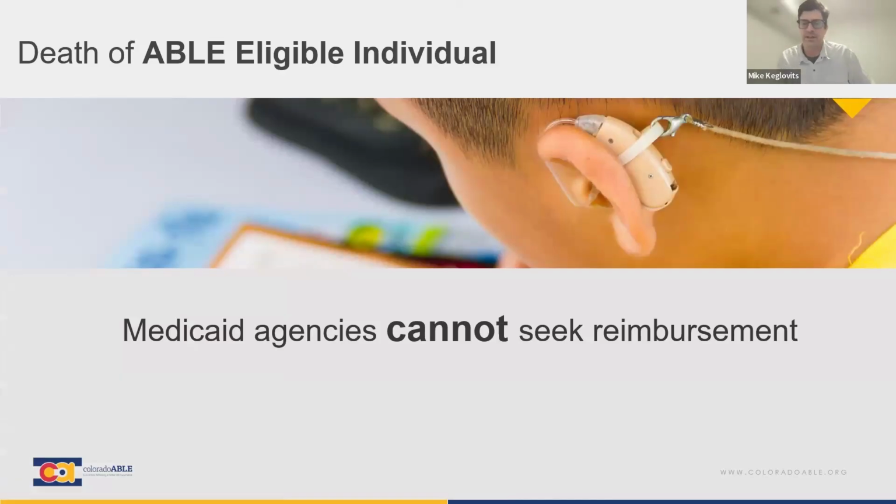Something else changed almost 4 years ago. Before this, Medicaid could recover from the account. A lot of people were really nervous about putting money into an ABLE account, because if something happened to the person eligible for ABLE, Medicaid could come back and take some or all of the money in there. About 4 years ago, we eliminated that. Medicaid can no longer seek reimbursement.